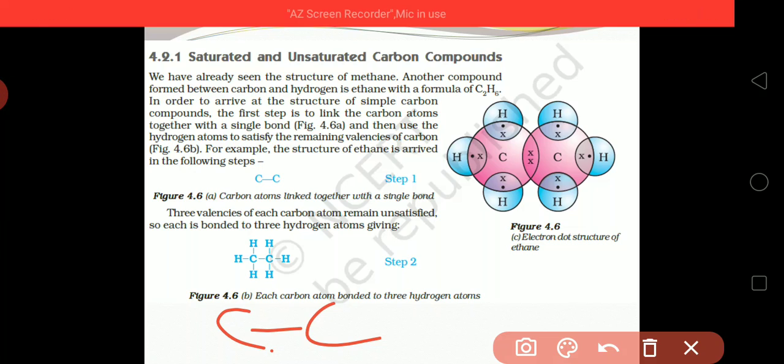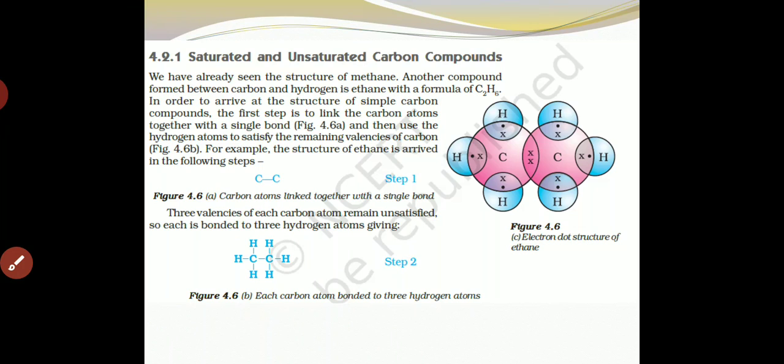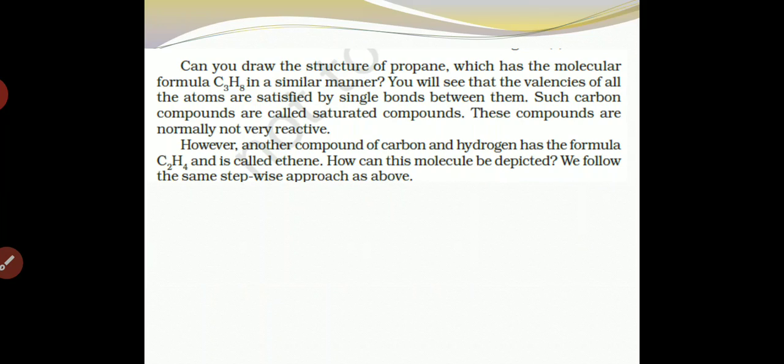In carbon one valency is set, but carbon contains four valency, so the next three are set by hydrogen. So it will form ethane. In this compound only single bonds are there, so we say it is a saturated carbon compound. Now can you draw the structure of propane which has the molecule form C3H8 in a simple manner?